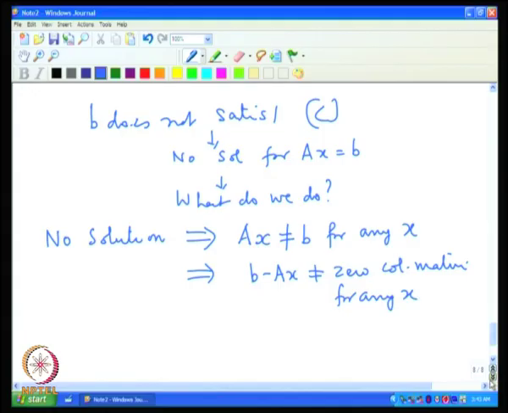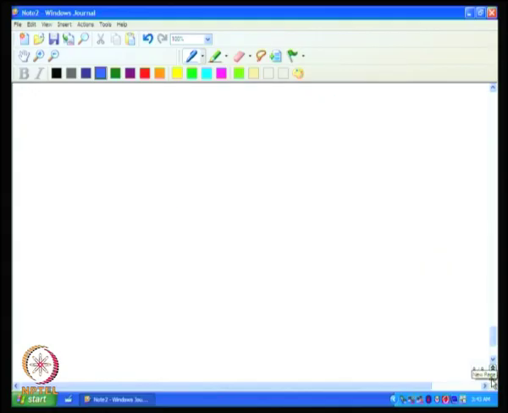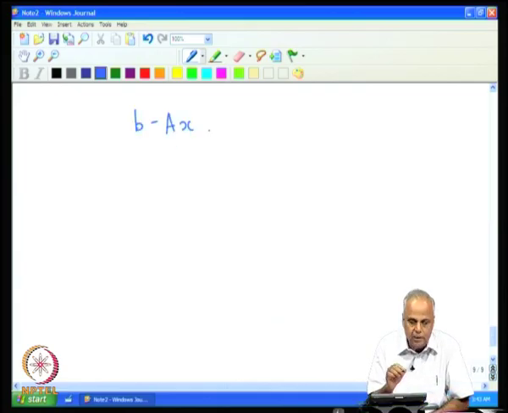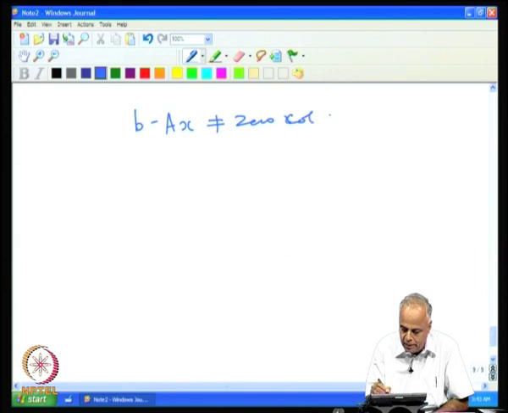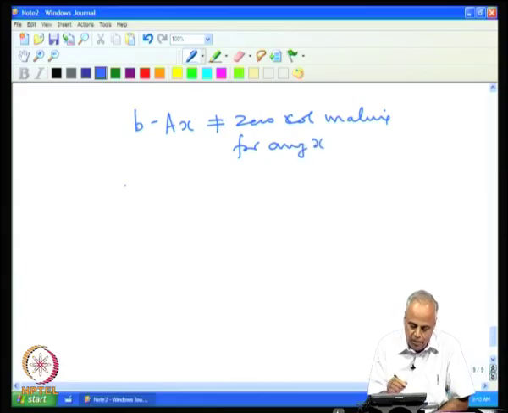If I look at B minus Ax, I would have liked this to be 0 if x were a solution, but since there is no solution, B minus Ax is not equal to the 0 column matrix for any x, and therefore, if we take x as a solution, there is going to be an error. That error is given by this difference B minus Ax.